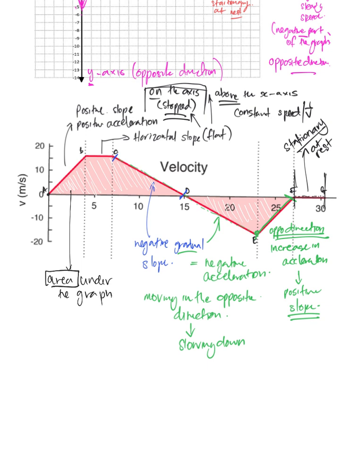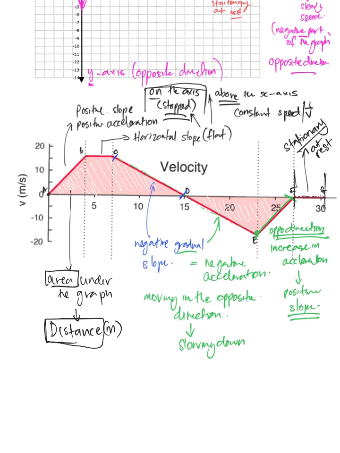Area, this is important. When we talk about the area underneath the graph of a velocity time graph, we are looking at the distance. If I can calculate the area underneath the graph, I will find the distance that this person has traveled.